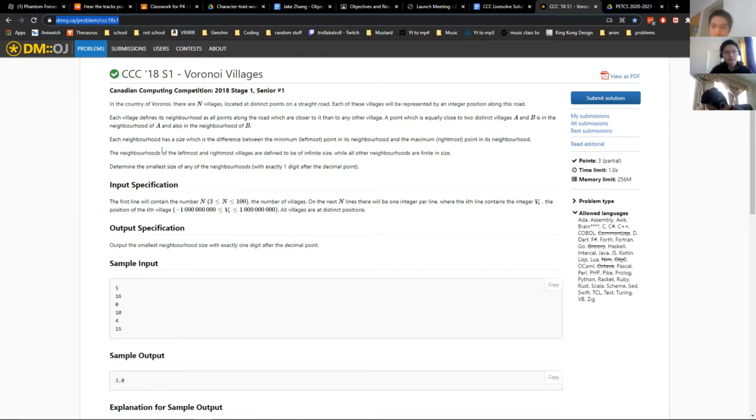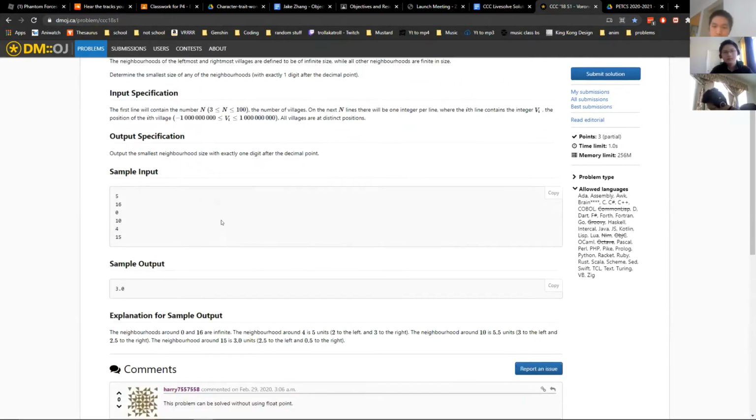The neighborhoods of the leftmost and rightmost villages are defined to be of infinite size, while all other neighborhoods are finite in size. Determine the smallest size of any neighborhood with exactly one digit after the decimal point.